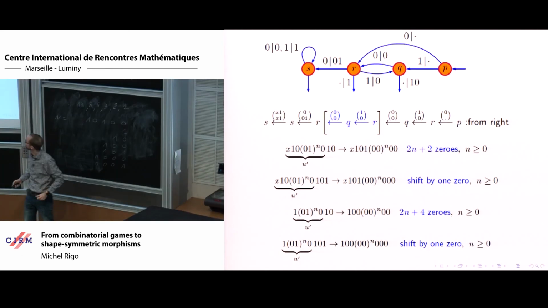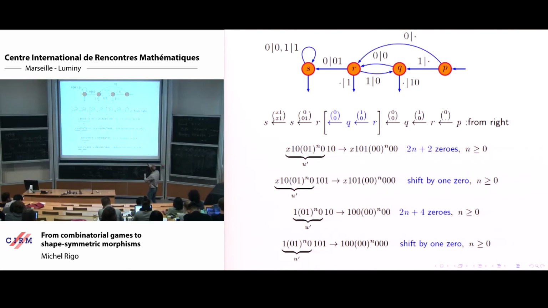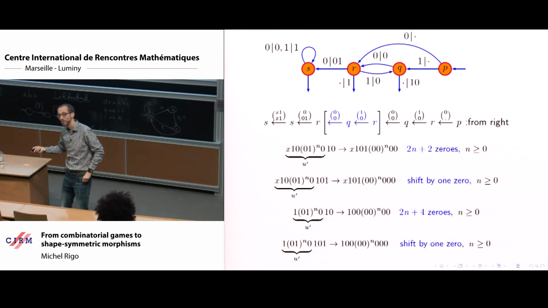So here is the transducer, and to really see that it moves from right to left, I put the initial state on the right, and so you really have to read things from right to left in that way. And so the meaning of this transducer, just like when Emmanuel wanted to glue together tiles, is more or less the same idea. You enter some number, and it outputs the Fibonacci expansion of the next integer.